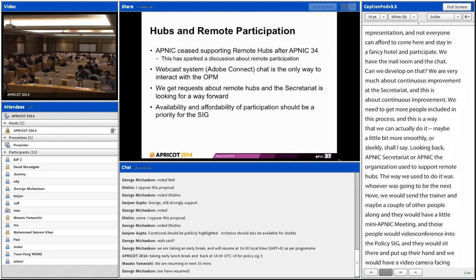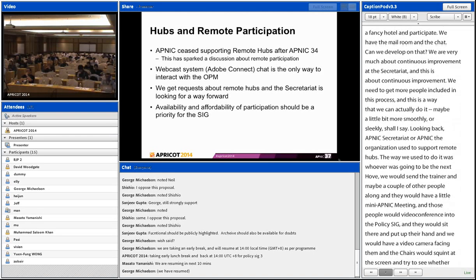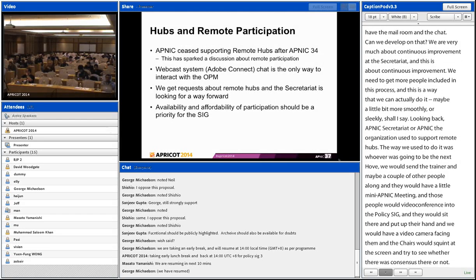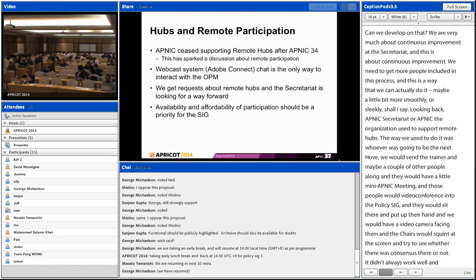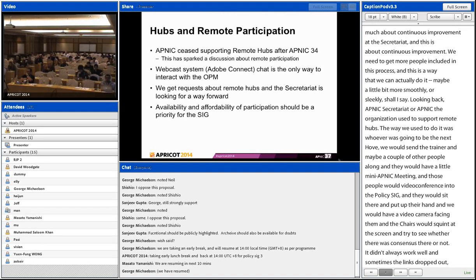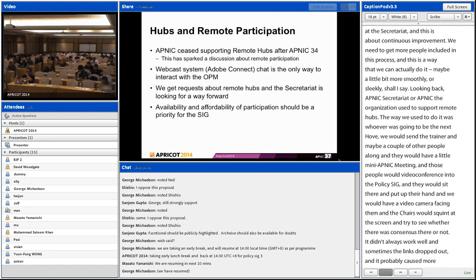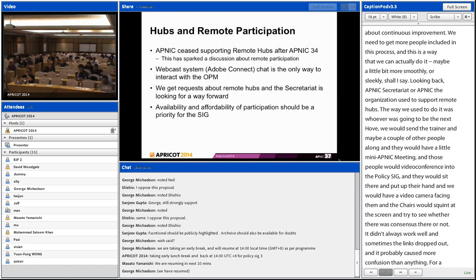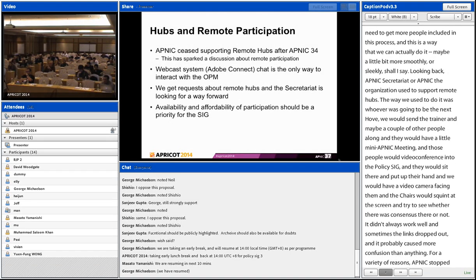And it didn't always work well, and sometimes the links dropped out, and it probably caused more confusion than anything. But for a variety of reasons, APNIC stopped doing this after APNIC 34.